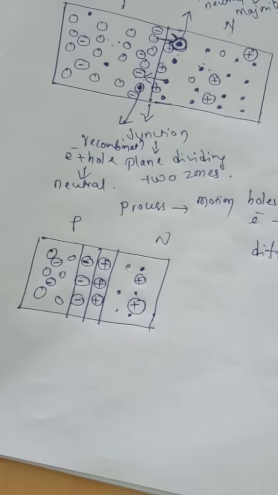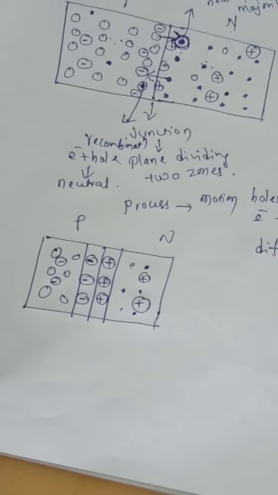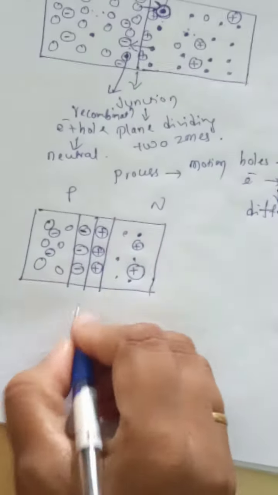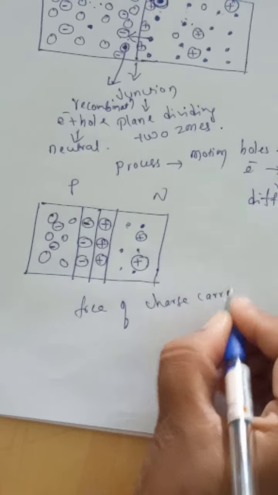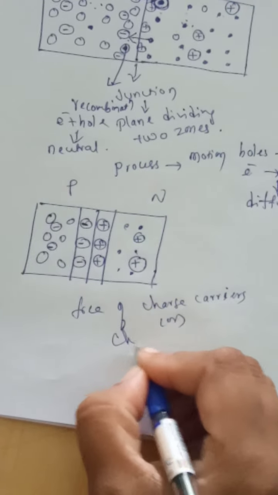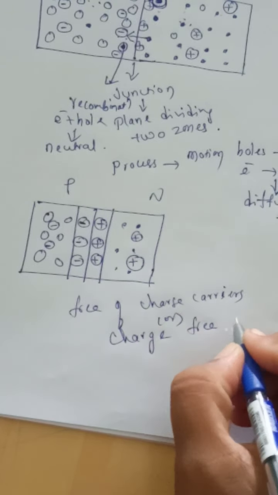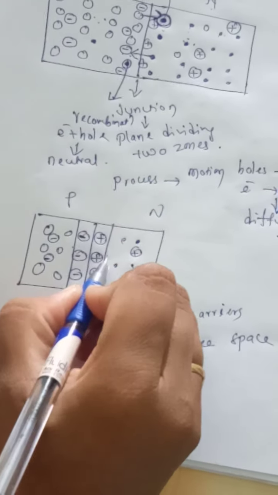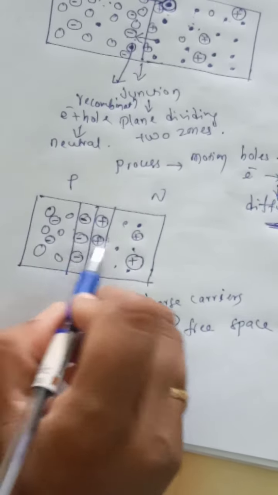This diffusion process continues until a space on either side of the junction becomes free of charge carriers, that is, until a charge free region is formed on either side of the junction.